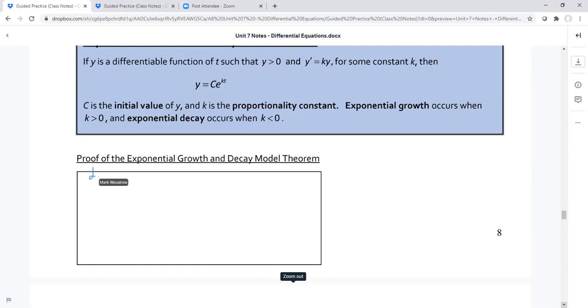Show that dy is going to be dt because of time.